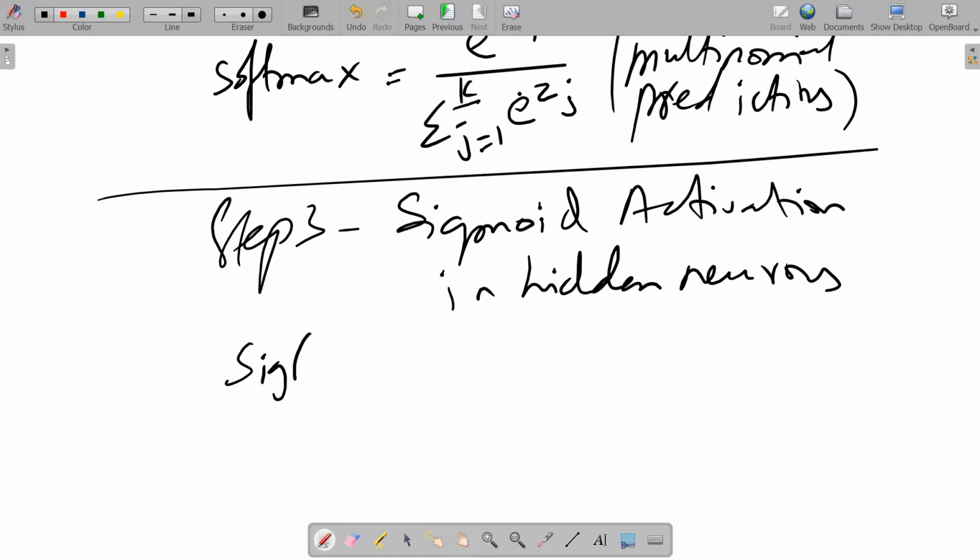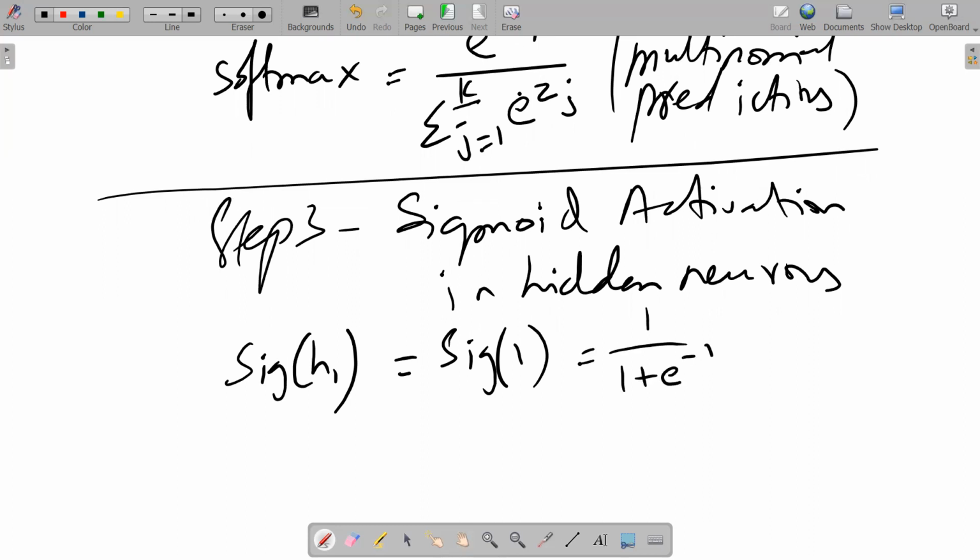So sigmoid of H1, what was H1? 1, right? Which is 1 by 1 plus e to the power of -1. If you solve this, it will be 0.731058.